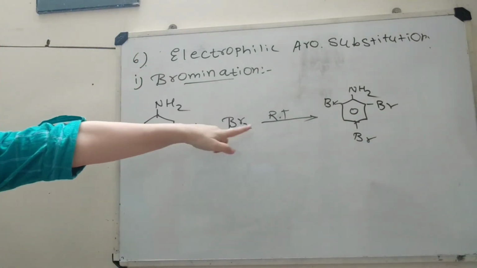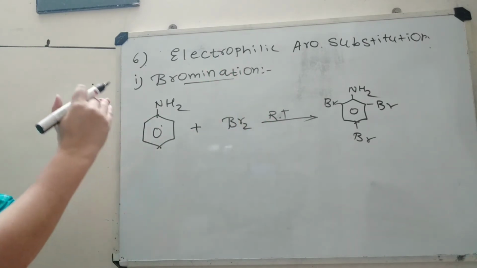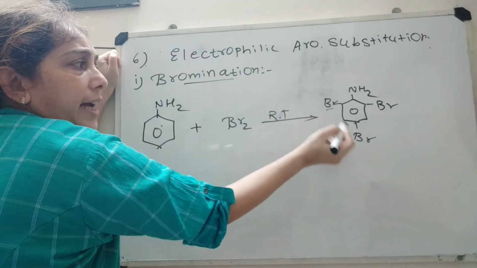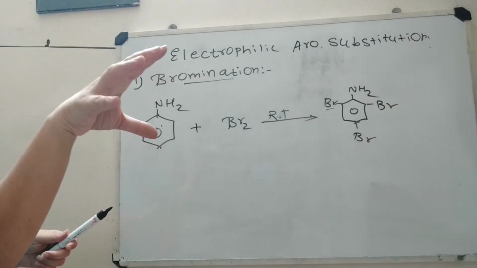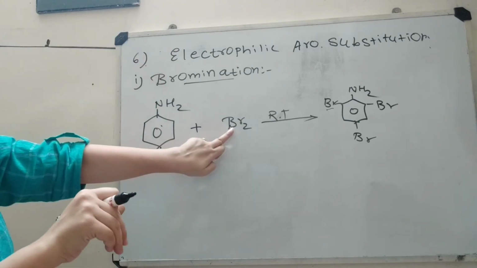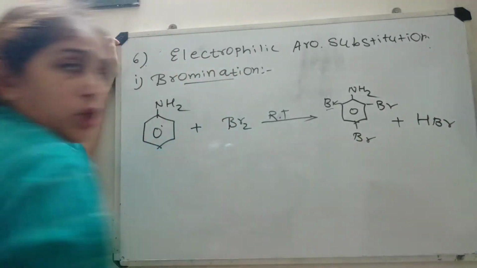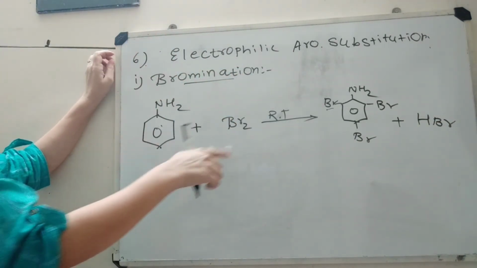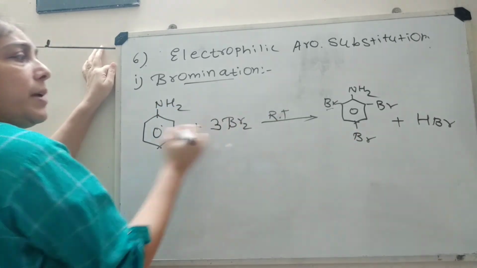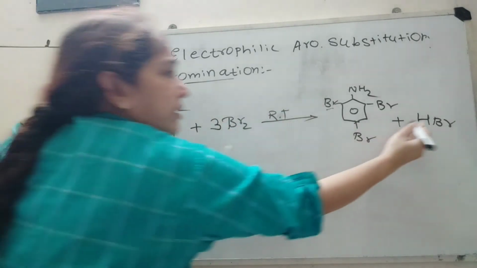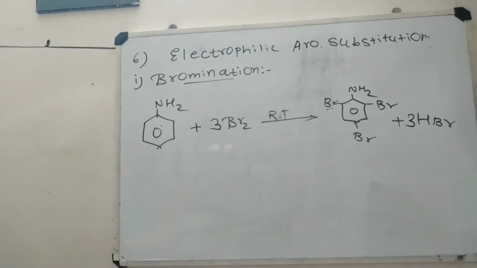So this is the structure of 2,4,6-tribromoaniline, the white precipitate we are getting, and wherever we attach bromine, in all these three places hydrogens are given out. That hydrogen combines with Br to form HBr. So we have to balance this reaction. Bromine is total 6, so it's 3Br2, since 3 twos are 6. Make it 3. So this is the first reaction, bromination.